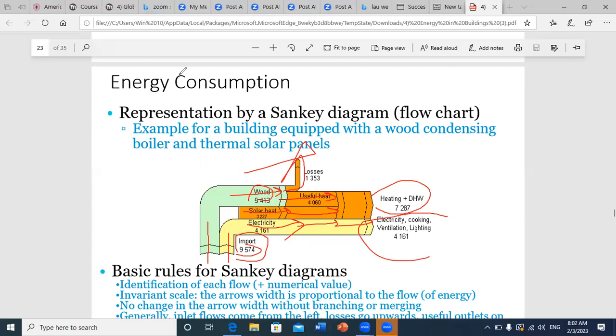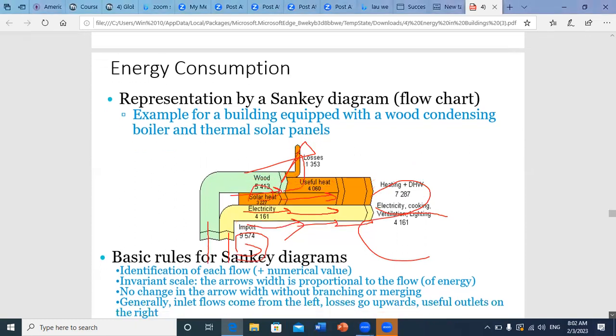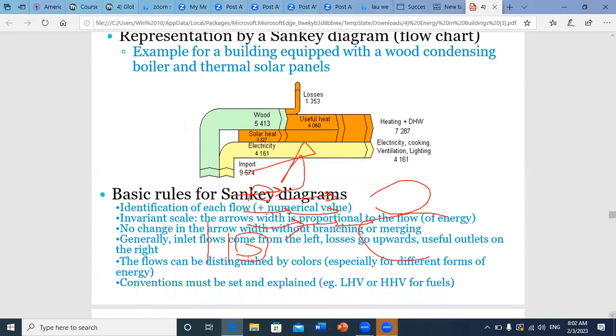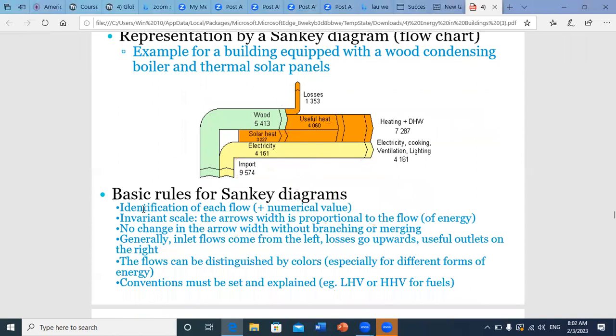Now we have some basic rules to draw such diagrams. Once you know these rules, you can easily understand the different arrows. First, we identify each flow with numerical values: the main sources of energy, how we can decompose them, the losses, and the useful heat. And we use proportionality in scale.